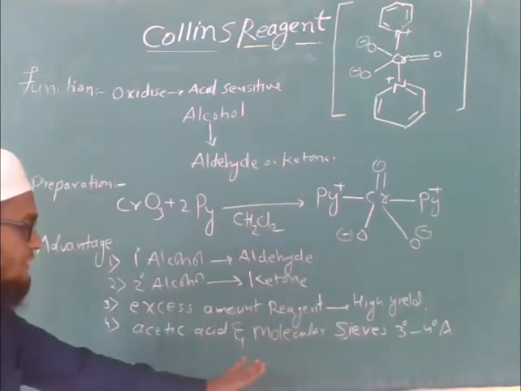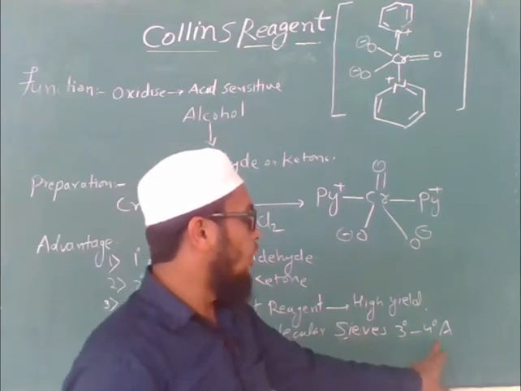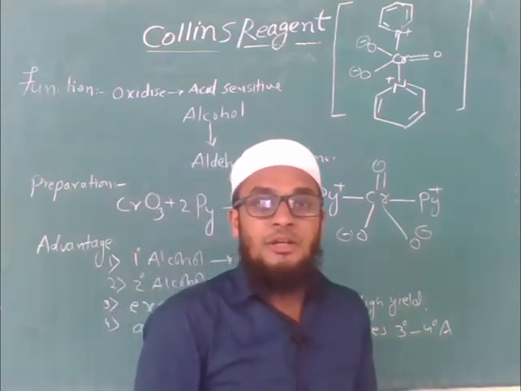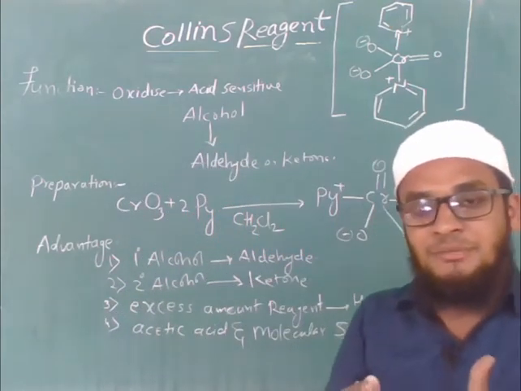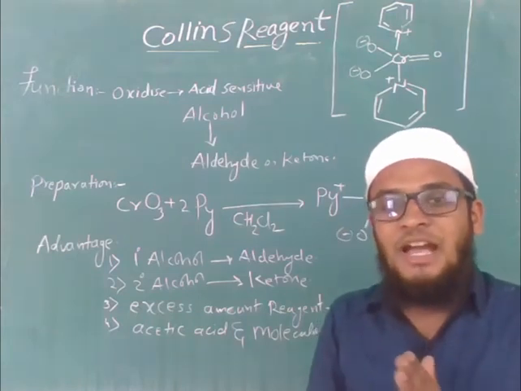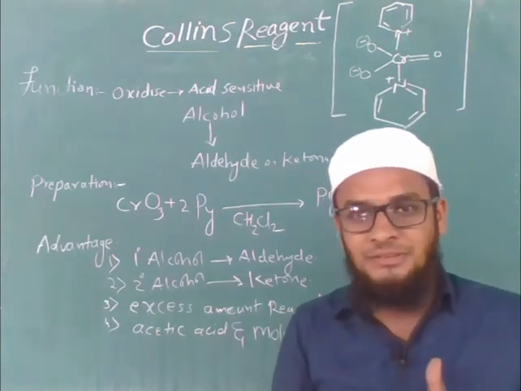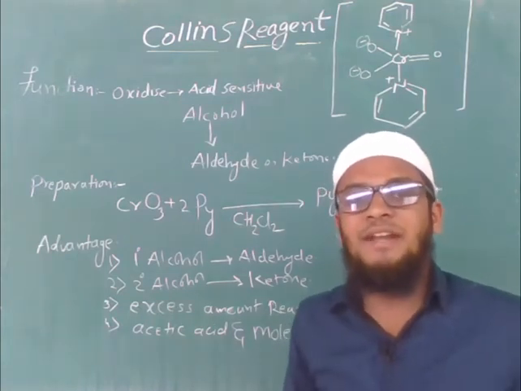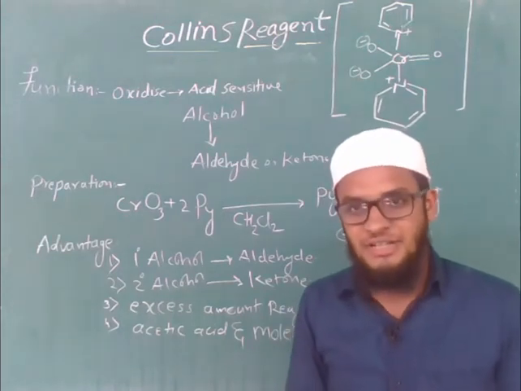If you use these sieves of 3 to 4 Angstrom, it will result in a high rate of reaction and a high yield. So these were the advantages of using Collins reagent.